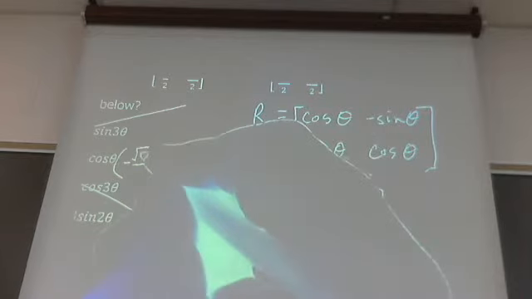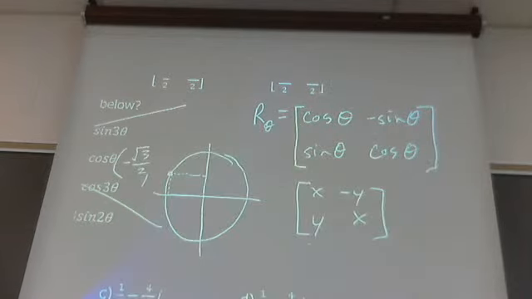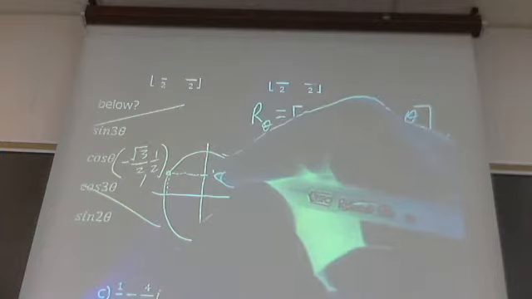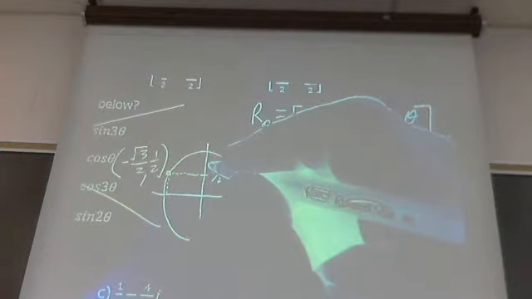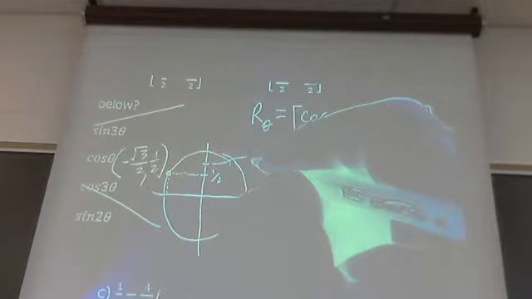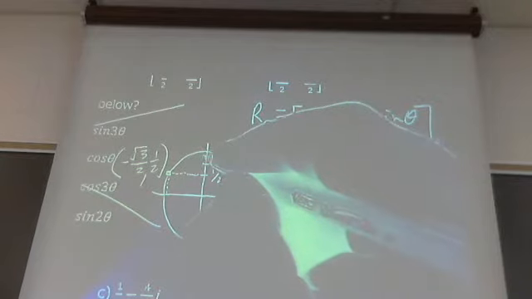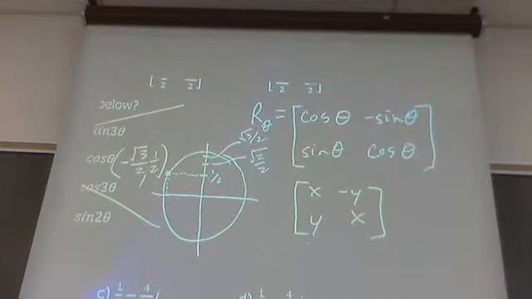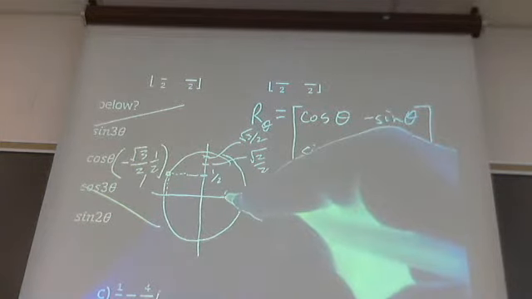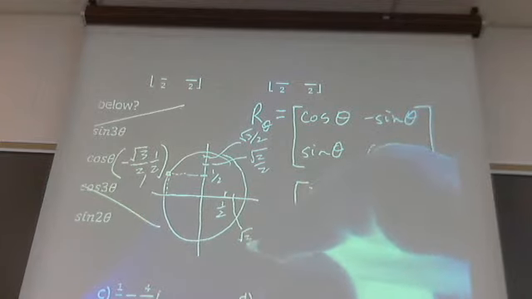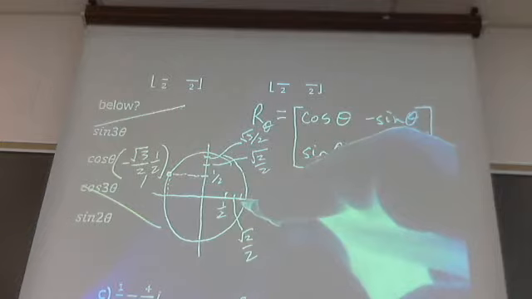Radical 3/2, because that's the closest one to the edge. Positive 1/2. Remember that. And then what's the next one? Radical 2/2, and then the final one, radical 3/2. The same thing happens on the x-axis: 1/2, radical 2/2, and radical 3/2.